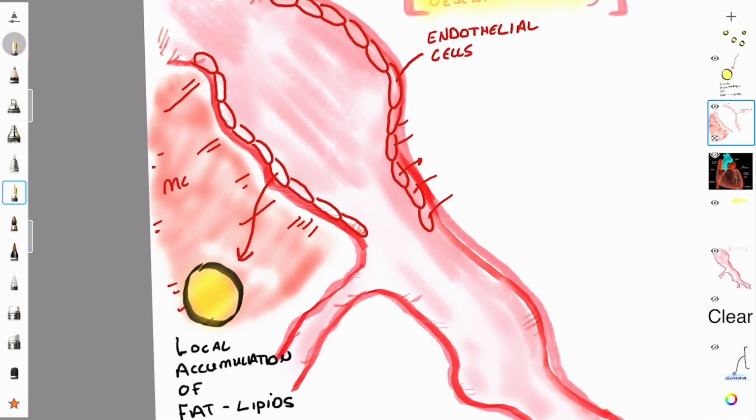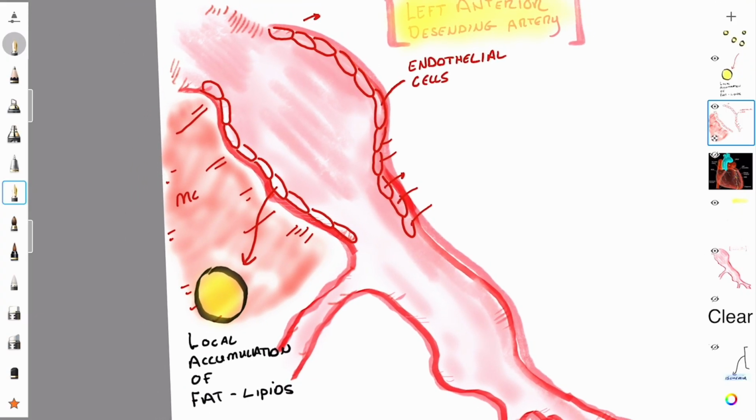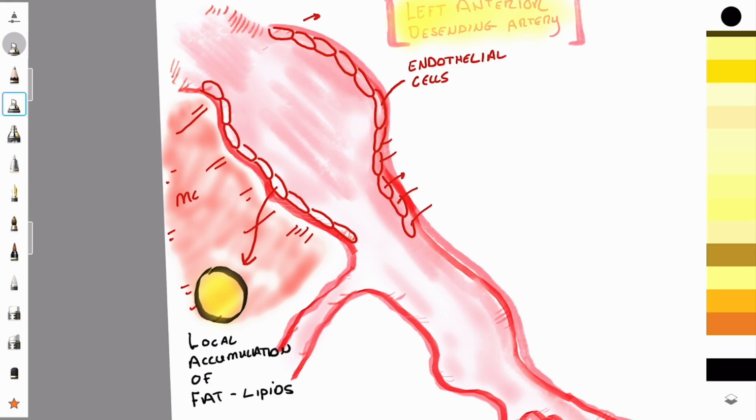We can also get this accumulation of fat and lipids in these arteries. You can see here, I drew one. I'll just draw another one to show you here. So these LDLs are also circulating through the arteries.